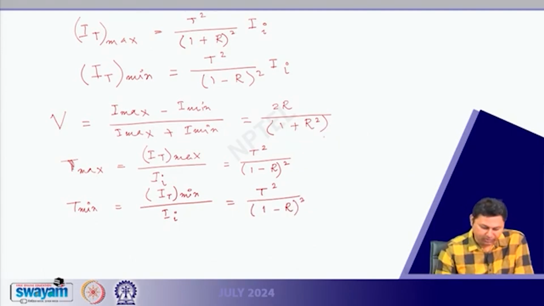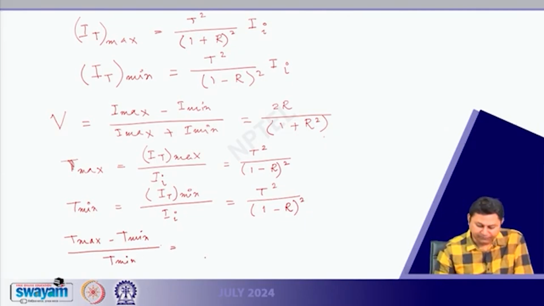Now, T max minus T min whole divided by T min, that is an interesting quantity one can get.